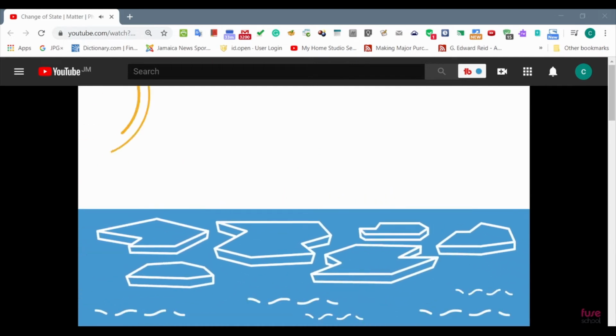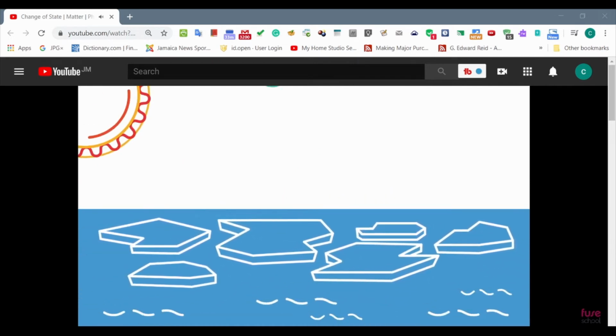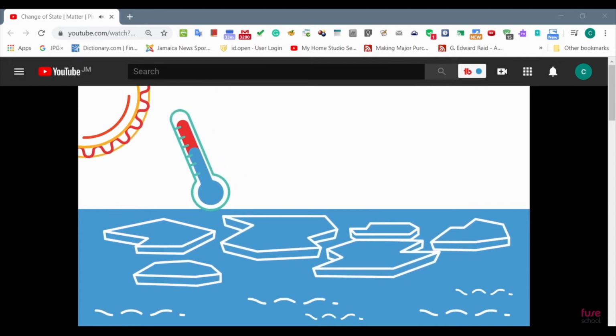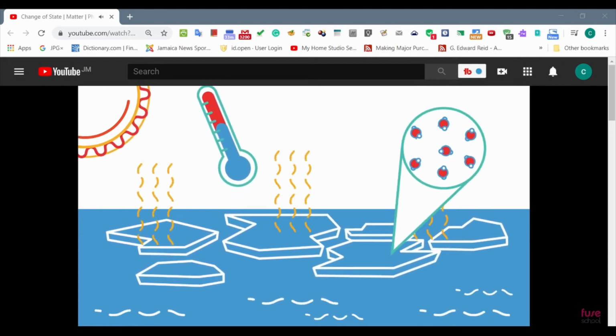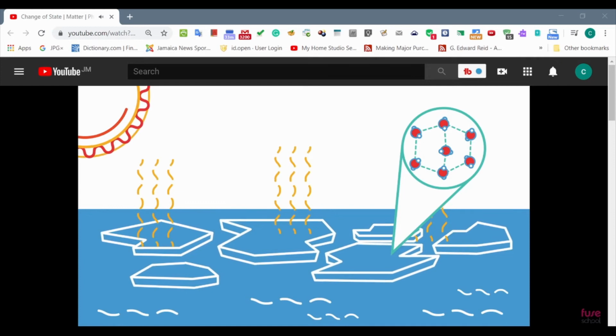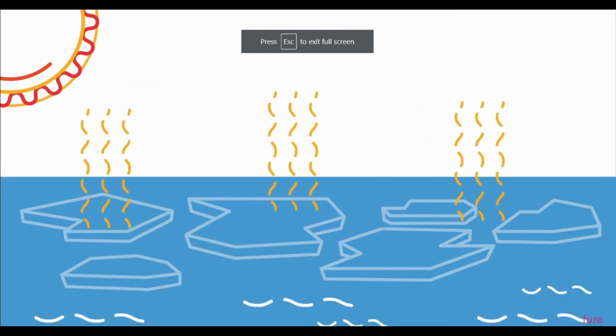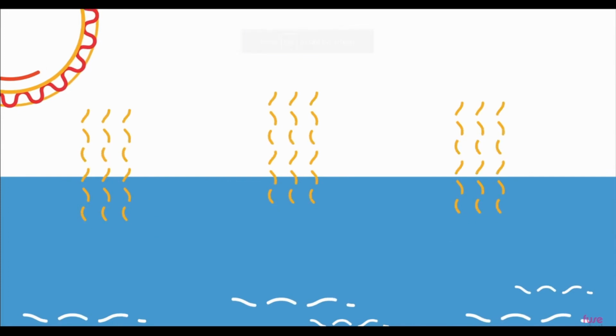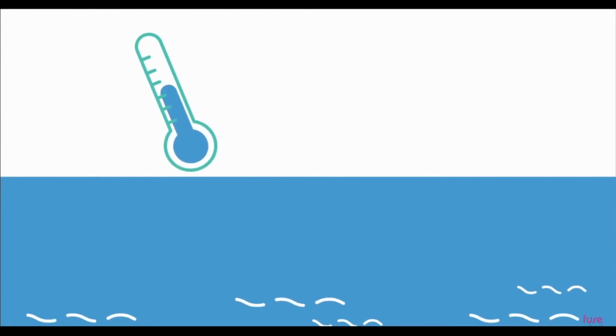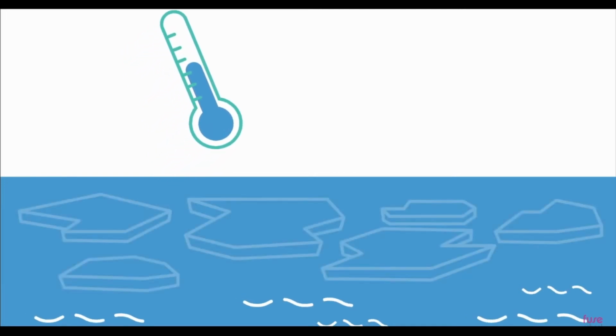Think of the Arctic sea ice. In the summer, when air temperatures are warmer, more heat energy is absorbed by the ice. This causes bonds to break between the ice's water molecules and the ice starts to melt. The solid ice becomes liquid water. But in the winter, the air temperatures are colder, and so seawater freezes, and the ice starts to form again.